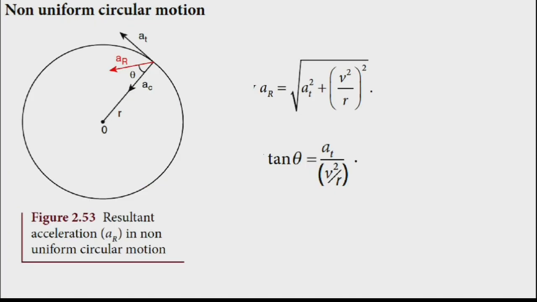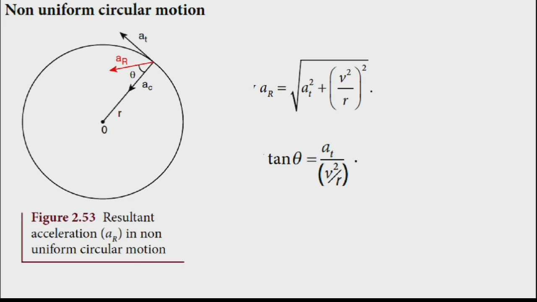Non-uniform circular motion. If the speed of the object in circular motion is not constant, then we have non-uniform circular motion. For example, when the bob attached to a string moves in a vertical circle, the speed of the bob is not the same at all times.